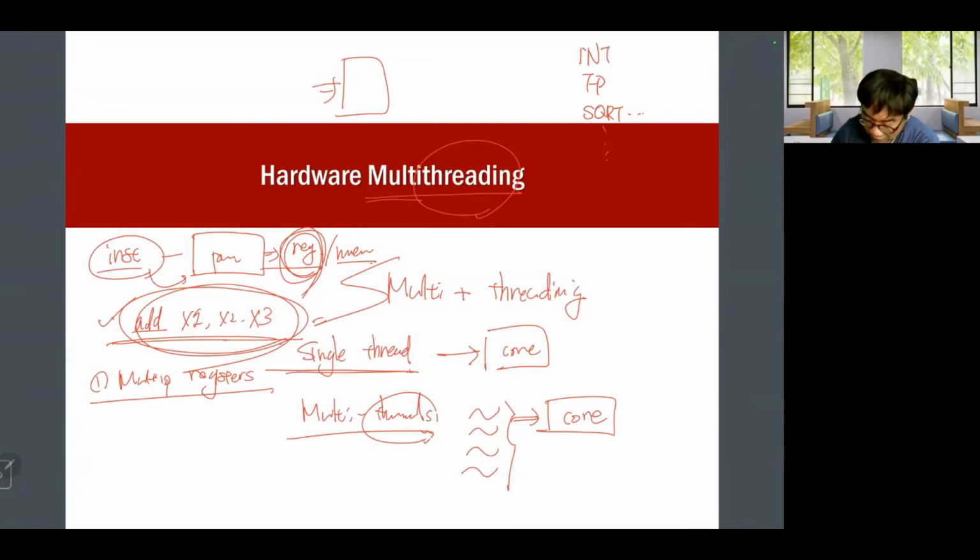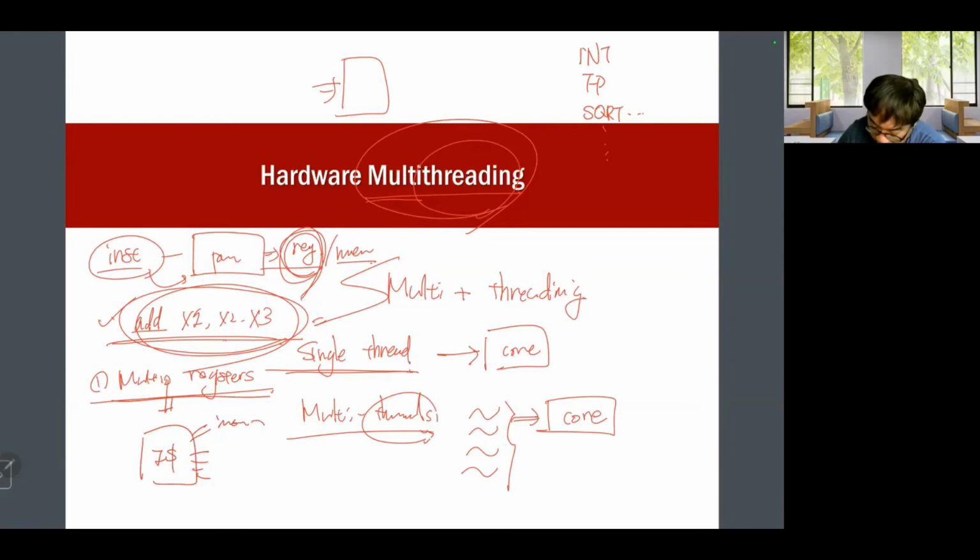So multi-threading means that if a processor has multiple register file sets, then in the instruction cache, we can fetch multiple instructions for the multiple threads.